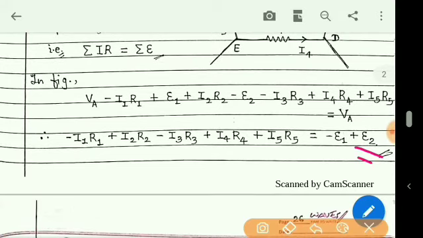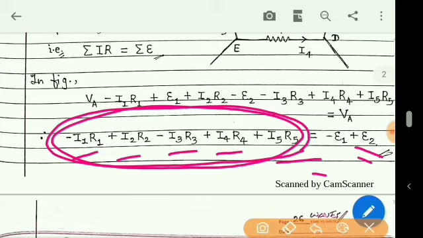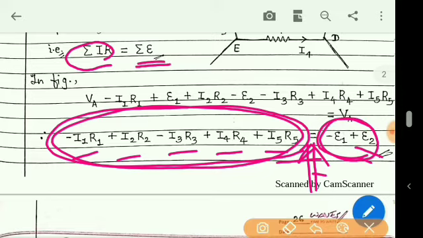So in this last equation you can see there is a summation of terms like IR. So summation of IR is equal to, which type of terms are on the right hand side? Terms related to EMF, that is epsilon. So it is equal to summation of epsilon.